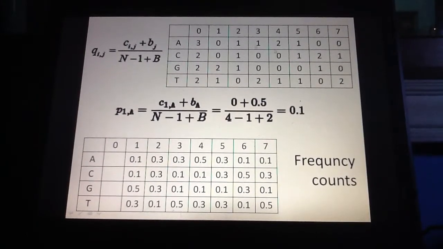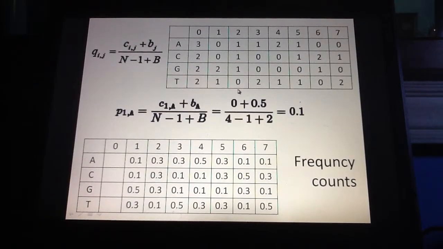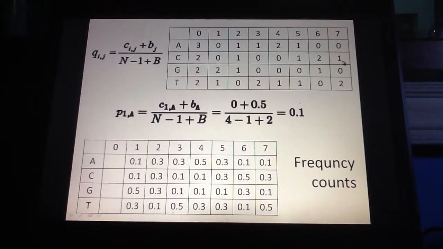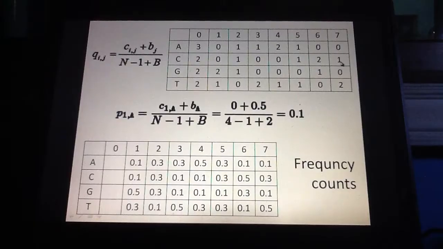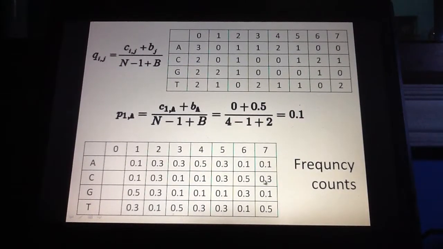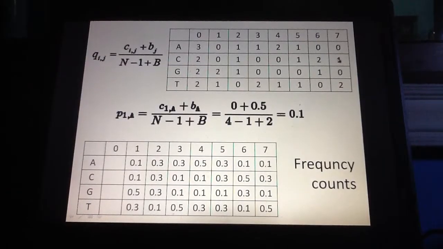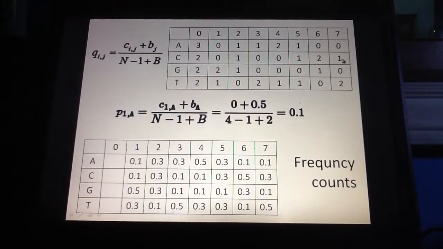And then you can do the same thing for the others here. Like for instance, if you have a 1 here, let's try to solve for this one.